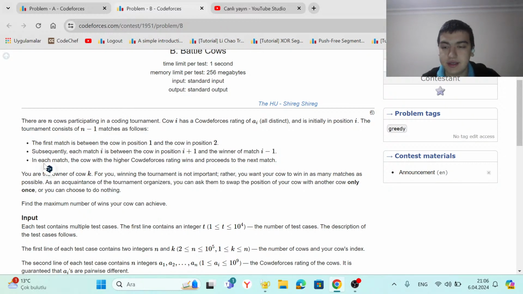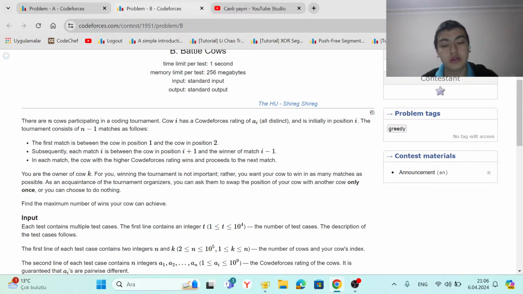Okay, let's read this sentence too. The cow with the greater rating wins and proceeds to the next match. So we can say that the winner of match i minus 1 will be the maximum of the first i-1 numbers, because the cow with the greater rating will win the match.